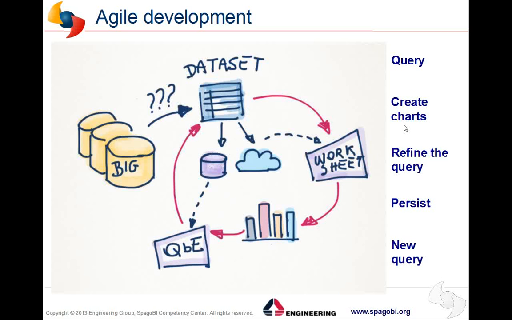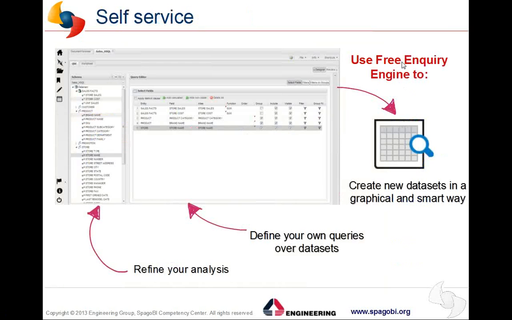So you can go on switching from one tool to the other to create information, to create new knowledge, let's say, for the user, who will understand better the data that he is watching.